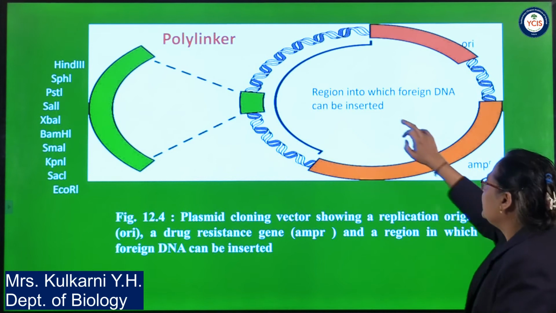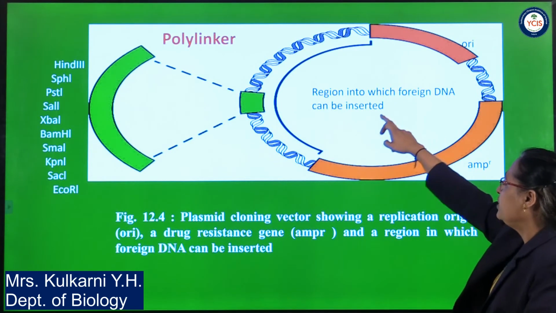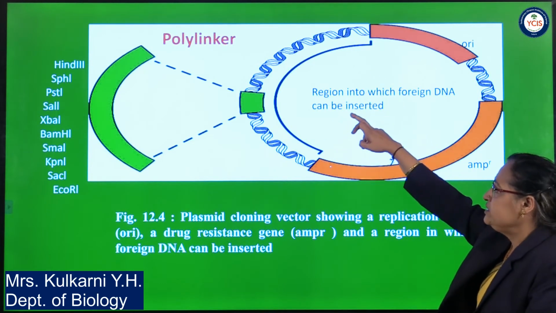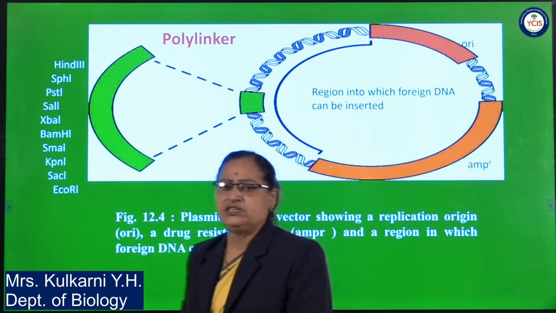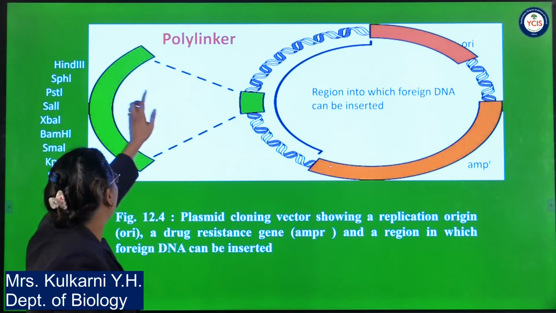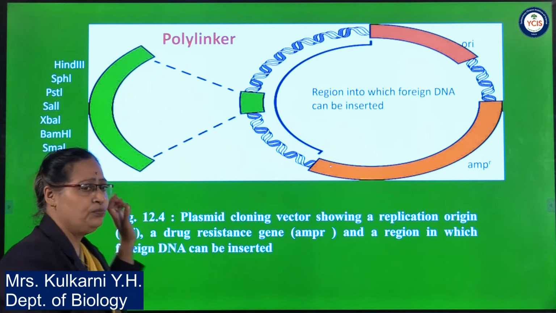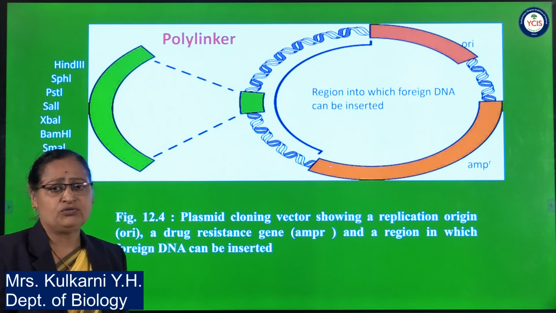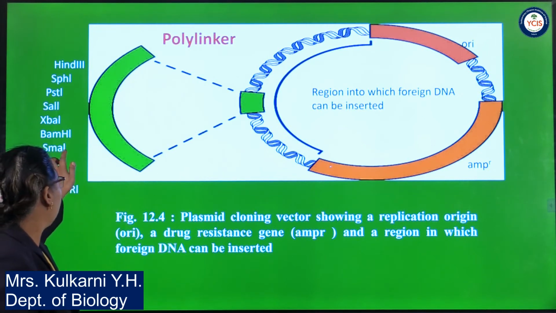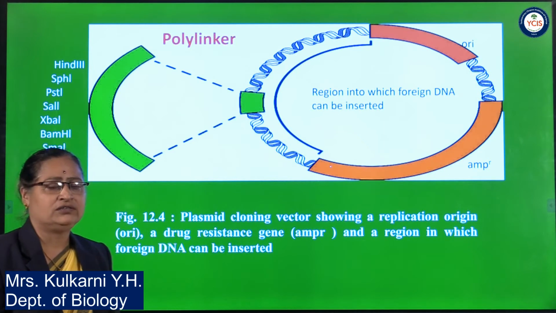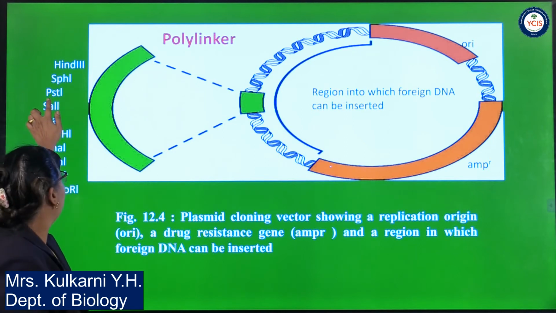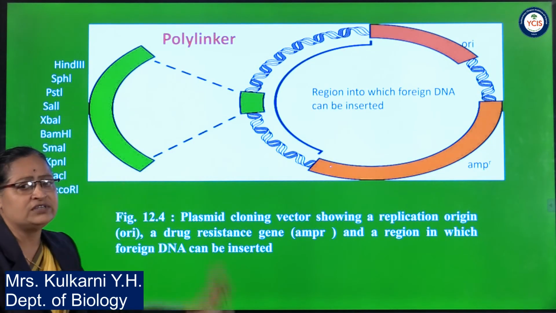Next to this is the region where the foreign DNA can be inserted. In this region foreign DNA is inserted. And next to this are the polylinkers. Here these two friends going to class, that is BamHI first and SmaI first, and they got two friends, that is PstI first and SalI first.